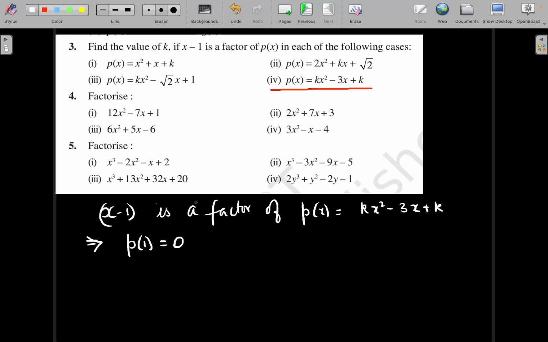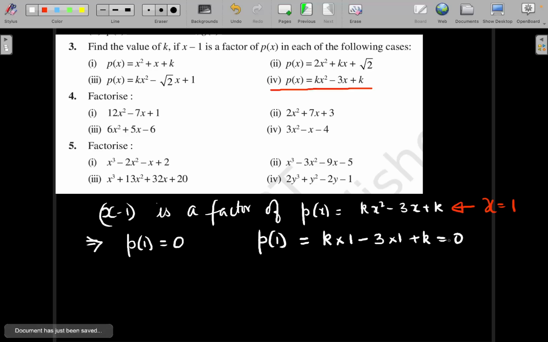Now let us evaluate p of 1. That means here we are going to put the value of x equal to 1. So let's put the value of x equal to 1. So p of 1 is equal to k into 1 minus 3 into 1 plus k equal to 0.